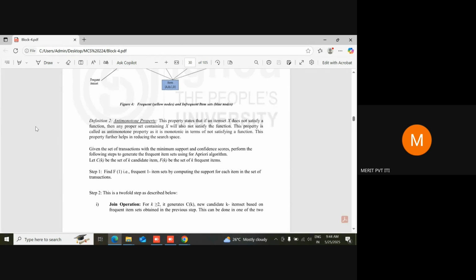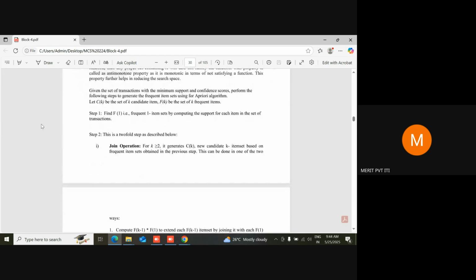This property is called the anti-monotone property, as it's monotonic in terms of non-satisfying function. This property further helps in reducing the search space. So that's again the join operation.